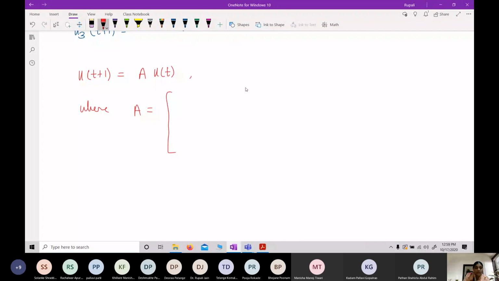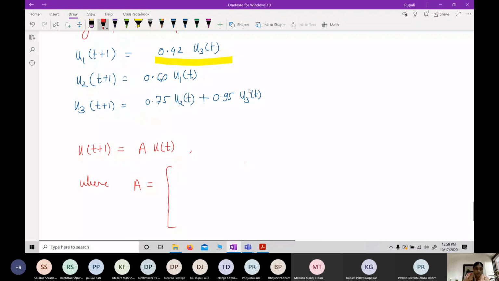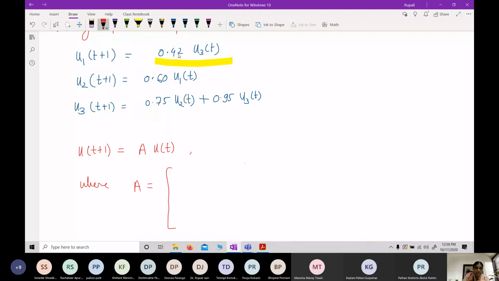A is 3 by 3 matrix. How I can write this, first equation? 0 times u1t plus 0 times u2t plus 0.42 times u3t, right?